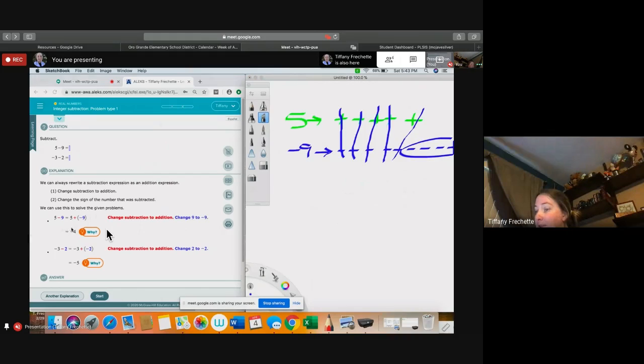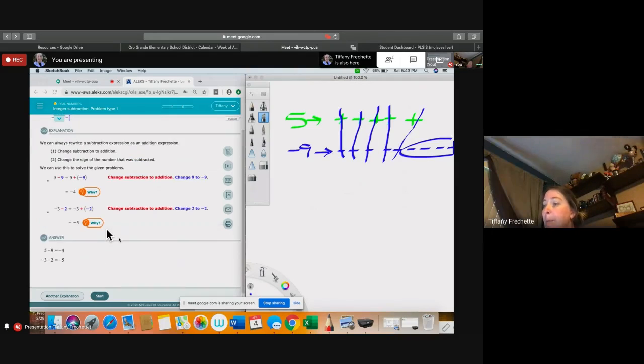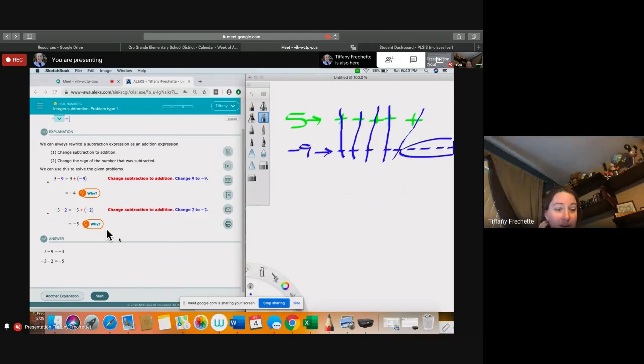So that is why the answer over here is negative 4. So you can do that same idea for both of these. They're not showing you the chips on this one, so the chips are more just a visual way if you're unsure how to add positive and negative integers together.